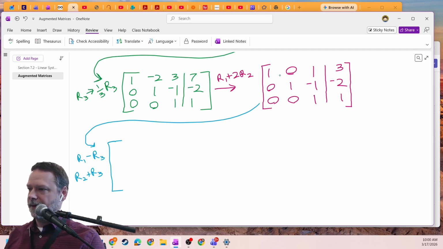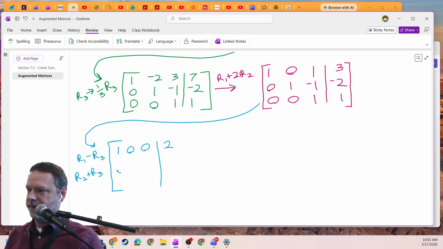So R1 minus R3. Oh, wait. Yeah, R1 minus R3. Okay, so that's going to be 1, 0, 0. 3 minus 1 is 2. All right. And then R2 plus R3.